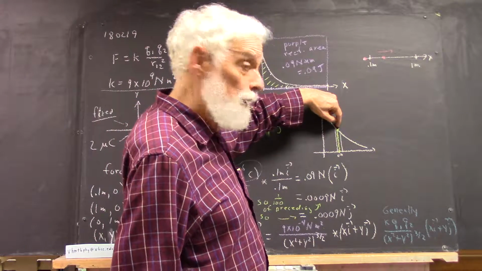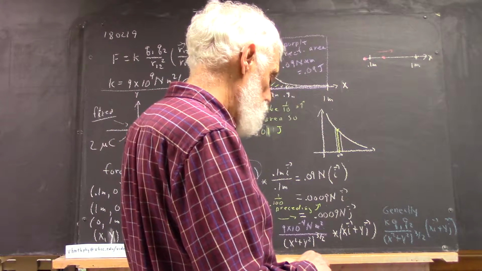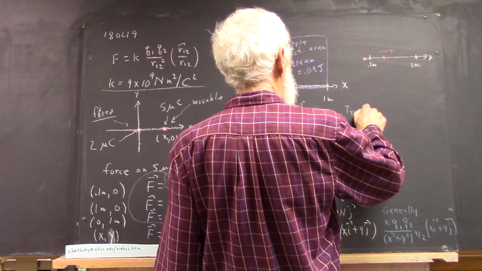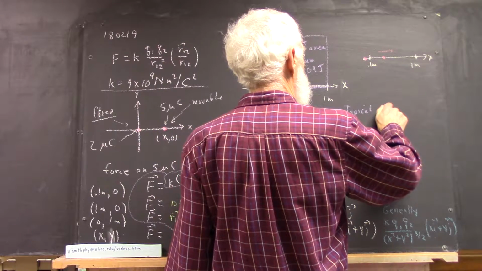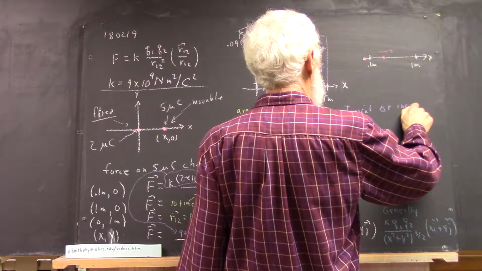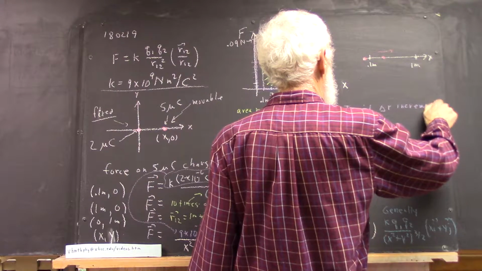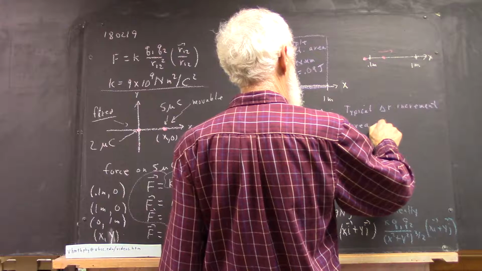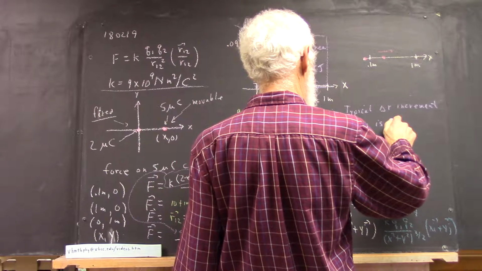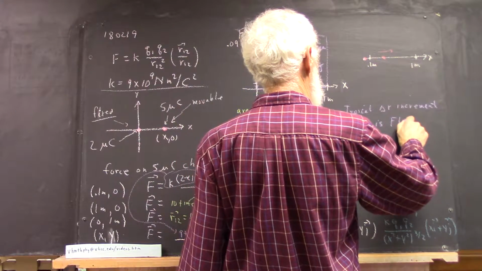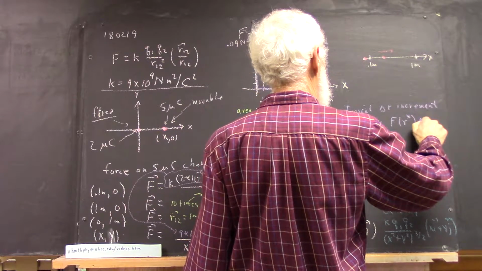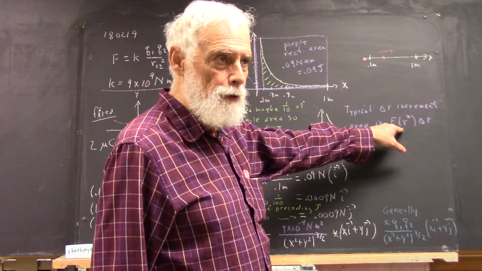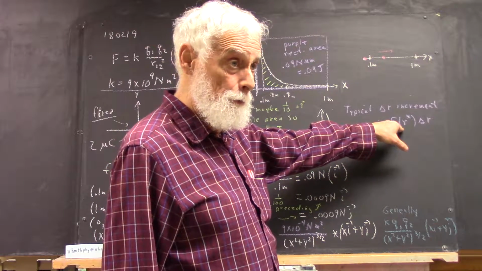Okay, but here we understand that your typical increment there, your area would be f of r star delta r, where r star is your sample value, right?